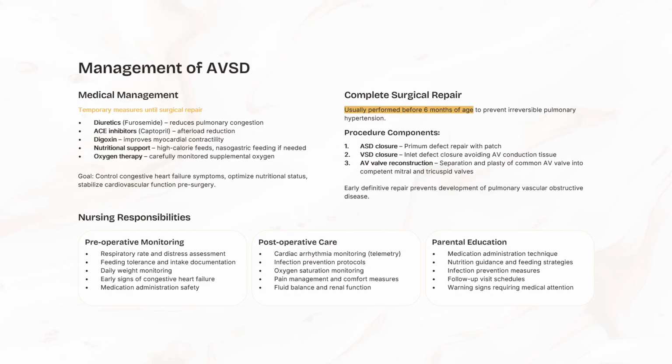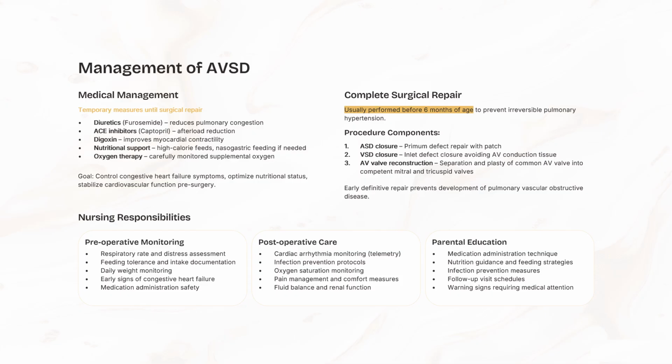Okay. And next we'll see some of the nursing responsibilities. Basically pre-operative monitoring should be done, like respiratory rate, distress assessment, then feeding tolerance, intake, and documentation. Daily weight monitoring is very mandatory, because growth retardation is a very important problem.